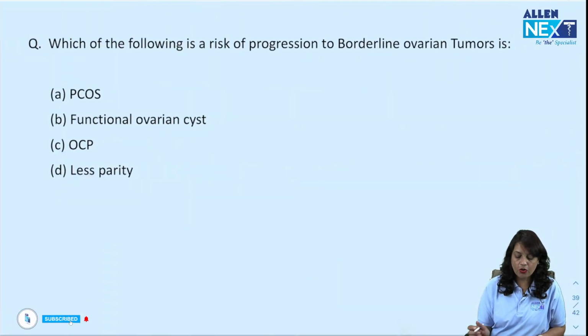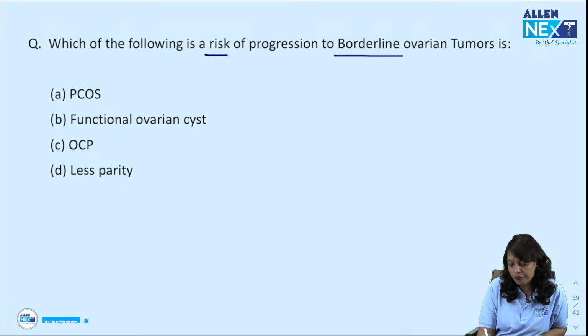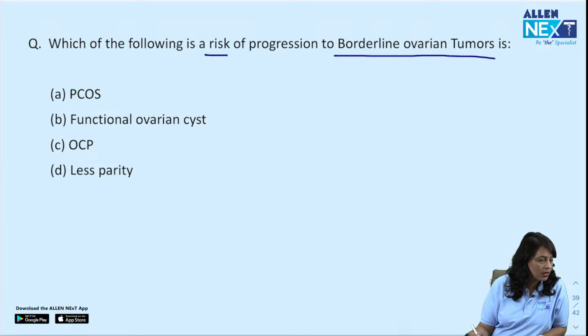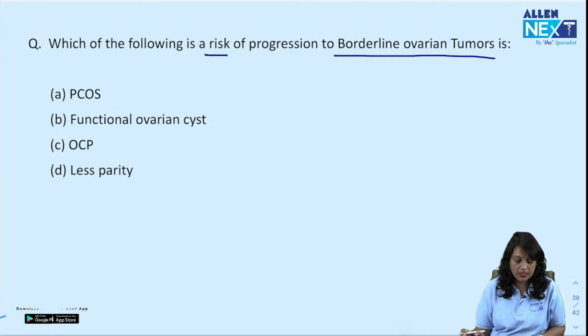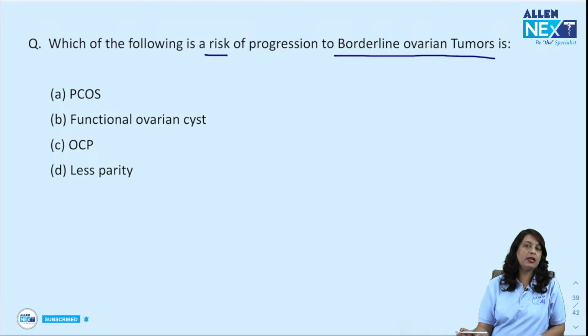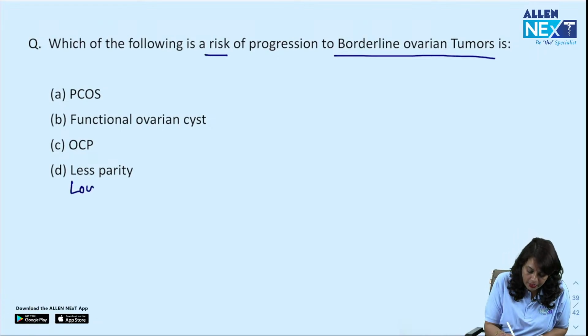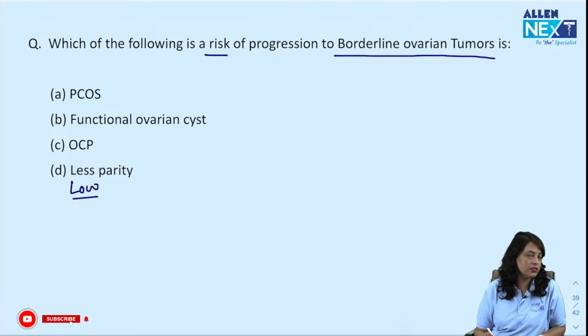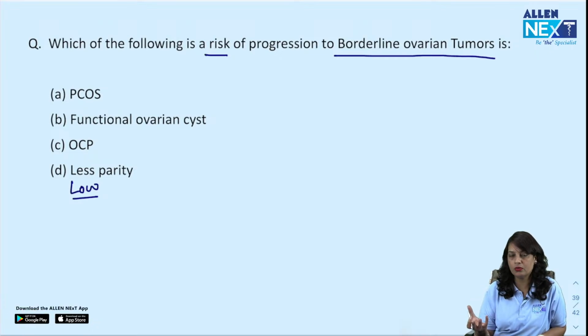Next, which of the following is the risk of progression of borderline ovarian tumors? Is it PCOS, functional ovarian cyst, OCPs, or low parity? Low parity was the term given in the exam question. Functional ovarian cyst occurs when the follicle fails to rupture, so this is not a risk factor.